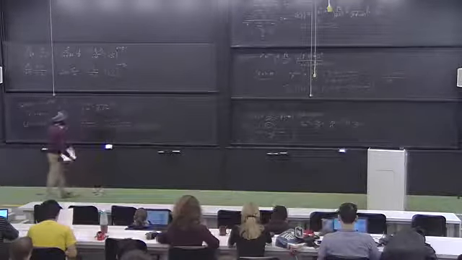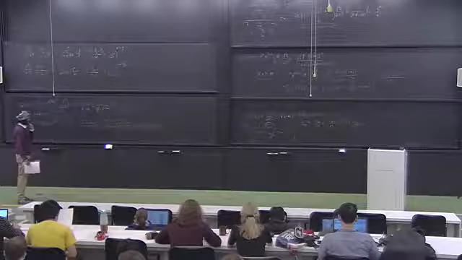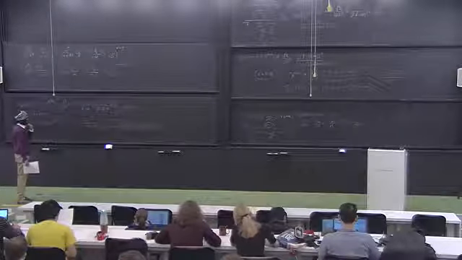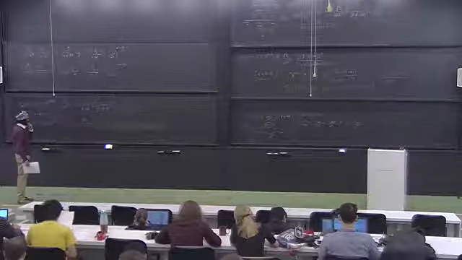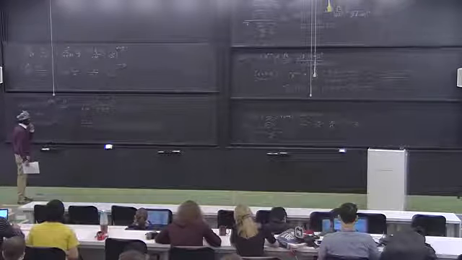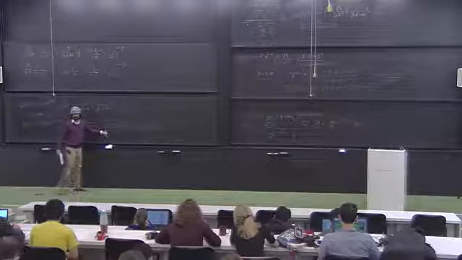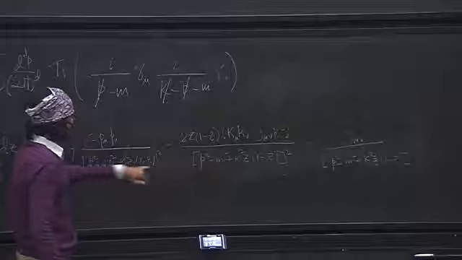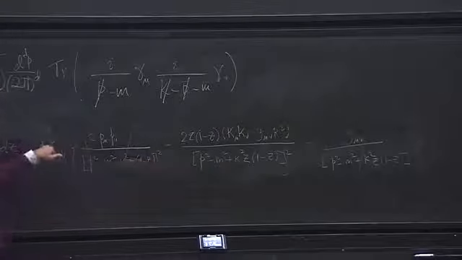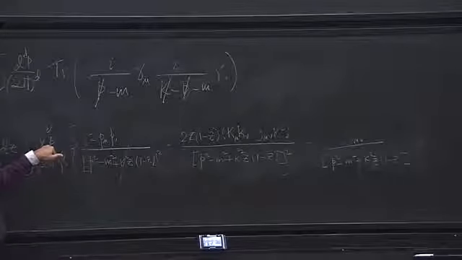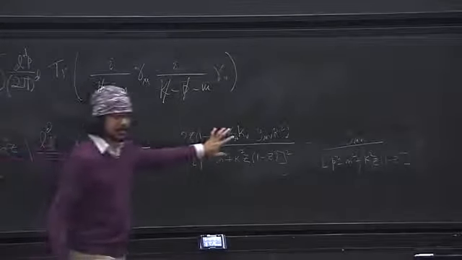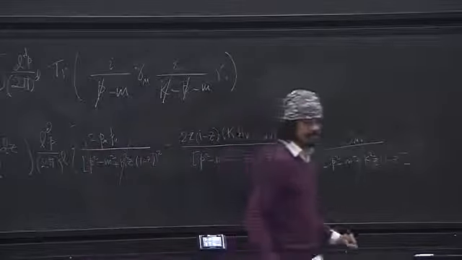And then again, we can ask, what kind of divergence is it? Again, in the denominator, we have p to the power 4. And in 4 dimensions, this would be d4 p. So we see that this is, again, a logarithmic divergence.